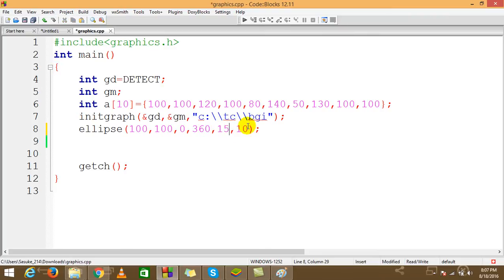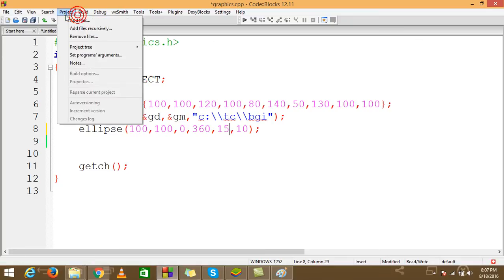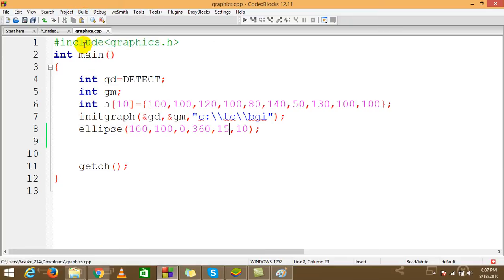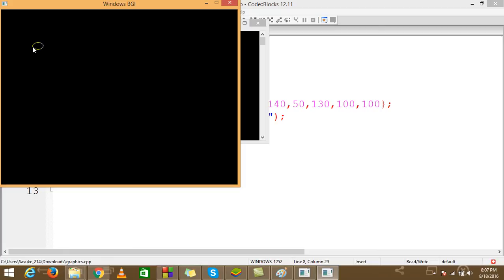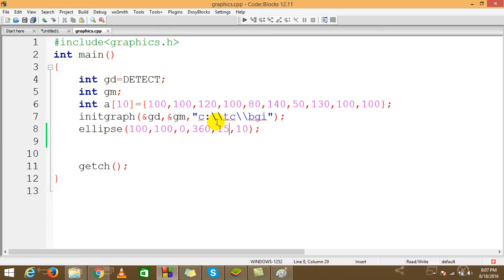Now just change it to 15 and compile the program. Then you can see its radius is a little bit more in the x-axis. So like that, by changing the arguments of the x and y axis, you can make circles of different shapes. And even by giving the starting angle and ending angle, you can make any kind of circular drawings.